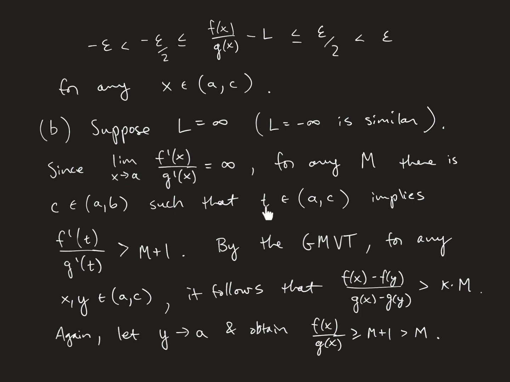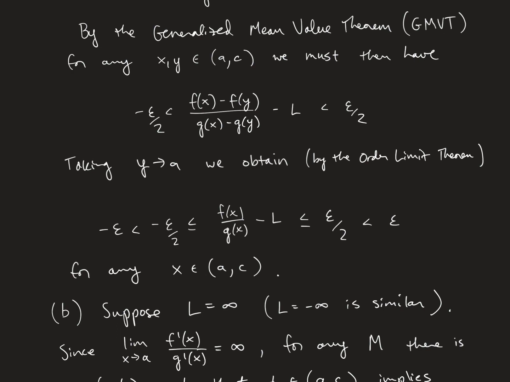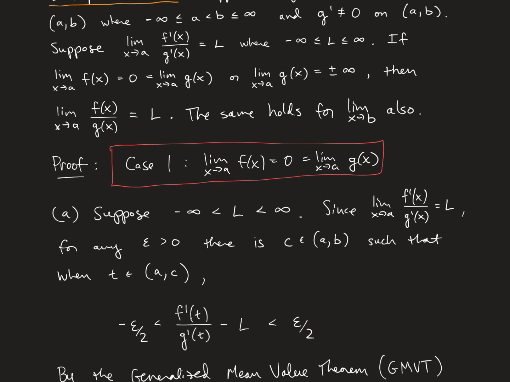So saying it this way, that t is in some interval starting at a and going to the right, that makes sense no matter whether a is negative infinity or finite. So we're just using language that kind of unifies those cases. Okay, so this essentially completes the proof of L'Hopital's rule in the first case.